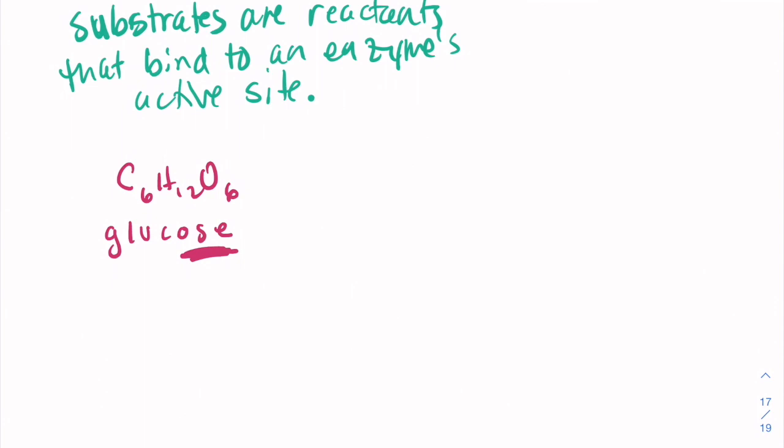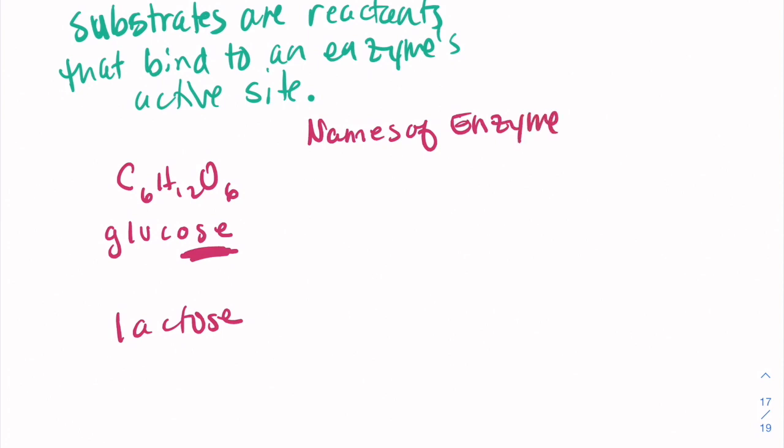Glucose, lactose, for example, is another sugar. The names of enzymes have a similar ending. Names of enzymes almost always end in -ase.